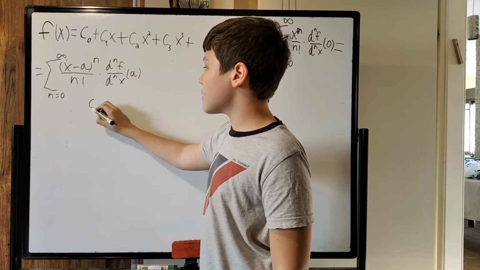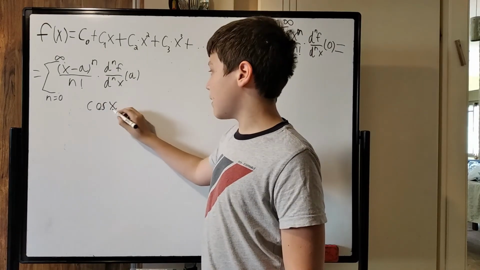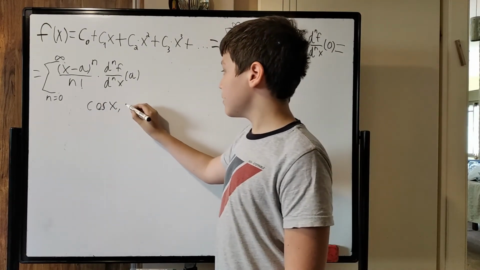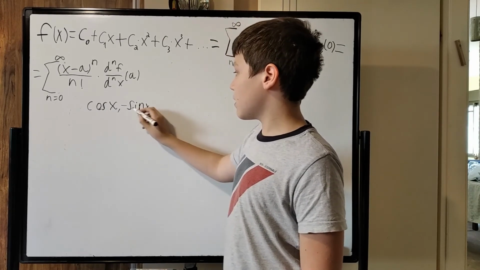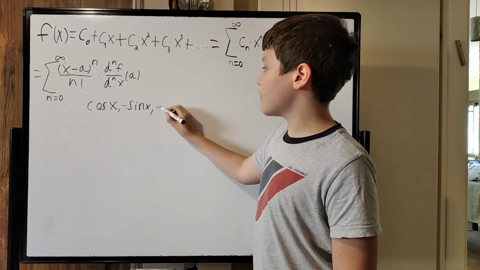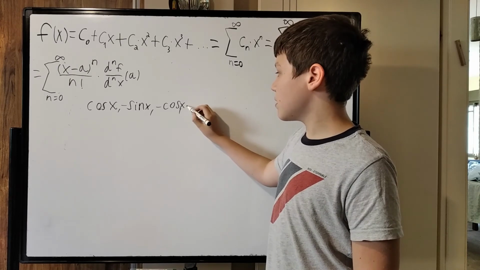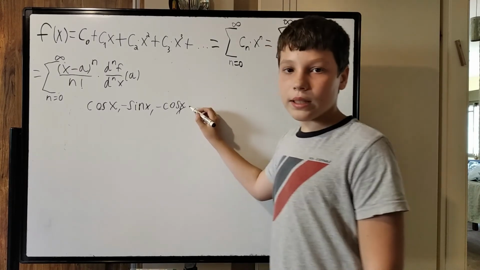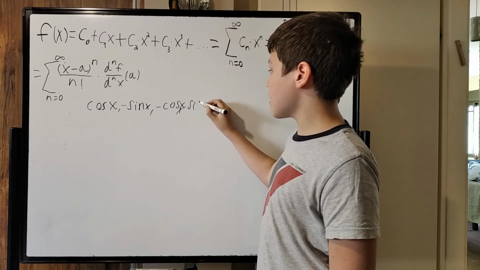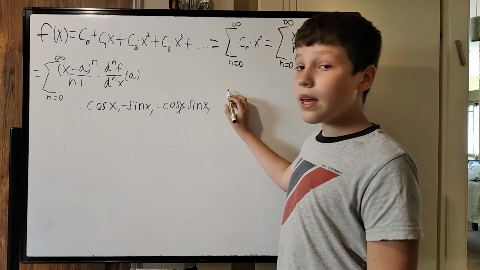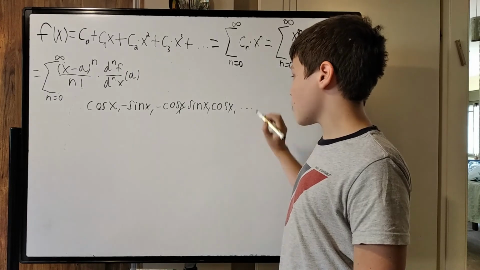The row of derivatives is cosine of x, and then the derivative of cosine is negative sine x, and then the derivative of negative sine is negative cosine x, and then the derivative of negative cosine is sine x, and then we're back to cosine x, and it just keeps repeating again.